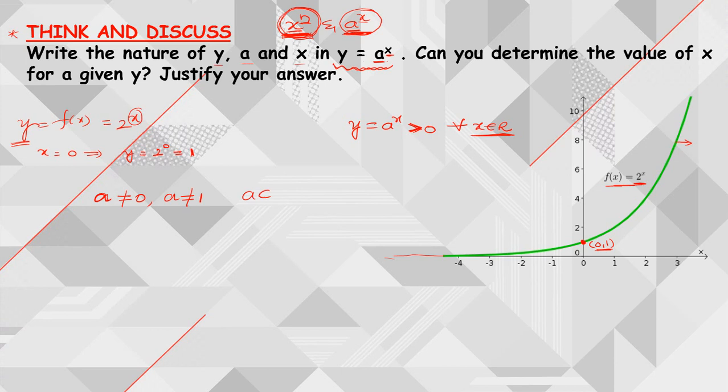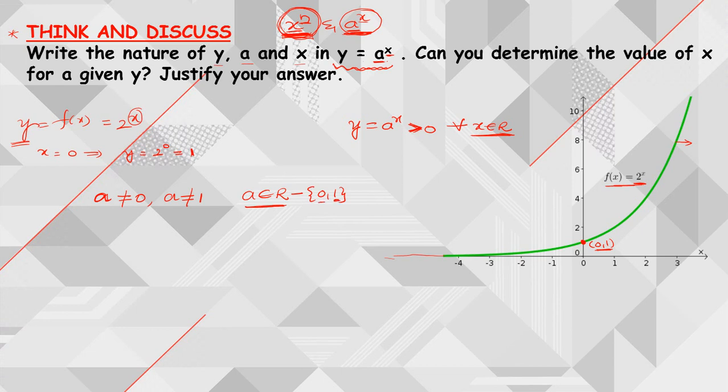From this I can say a belongs to any real number other than 0 and 1, because when you consider a value as 1, then I am going to have a straight line which is passing through 1 and is parallel to the x axis. So the condition for a is that a should not be equal to 0 and a should not be 1.